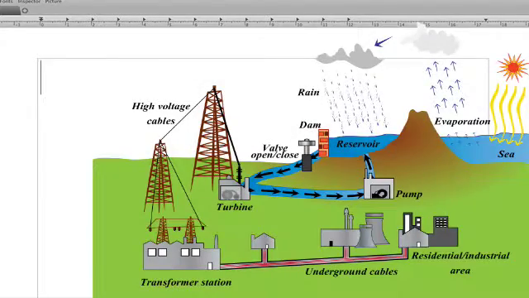Okay, let's talk about the remaining part of the diagram, so the more linear flow of what's being transferred here. So there's electricity in the turbine, we've already mentioned that.